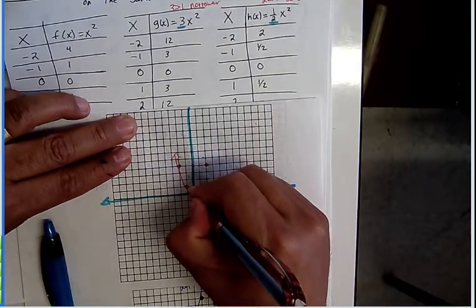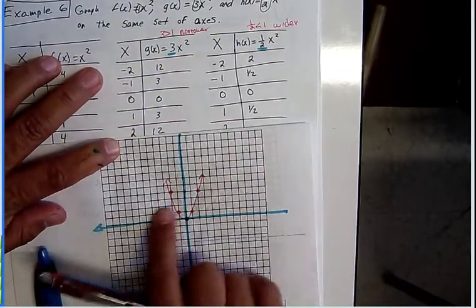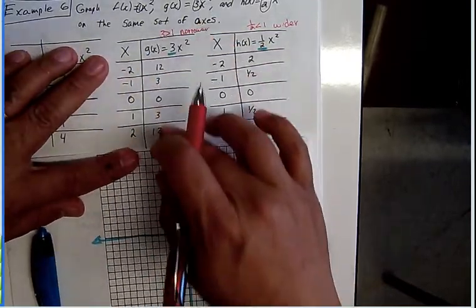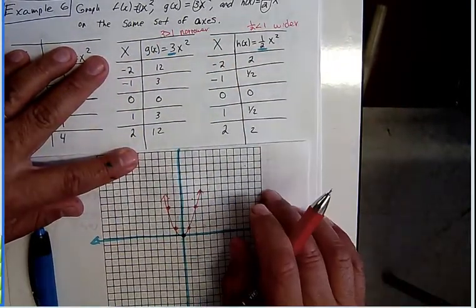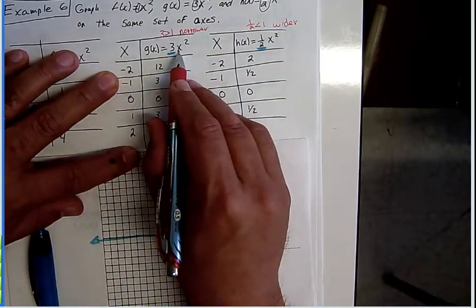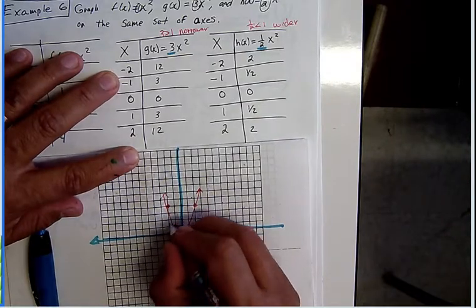This is just a parent function. And we're going to compare what the a does to the graph. So this one, I already had the numbers here because I don't want to do it. If you substitute that -2 into that x, it gave me 12. So -2 gives me 12, which is all the way here.